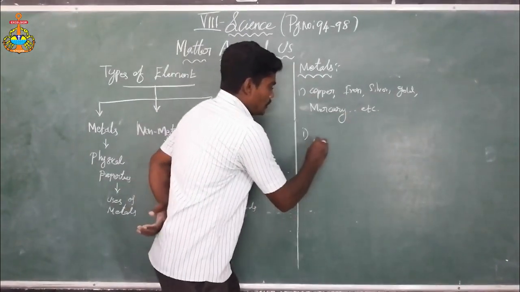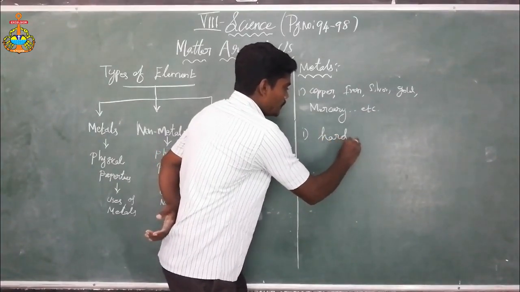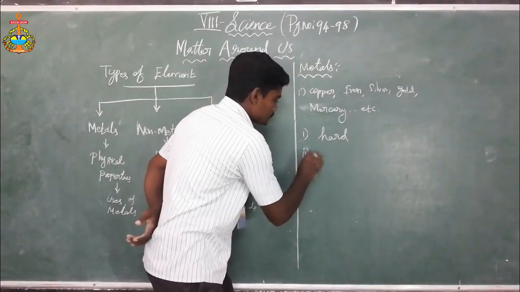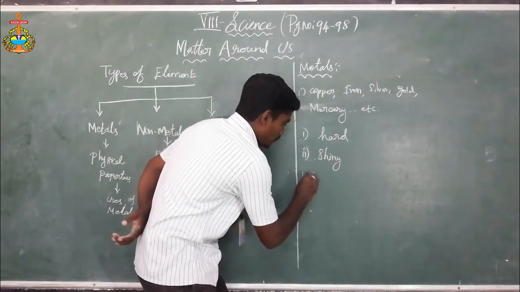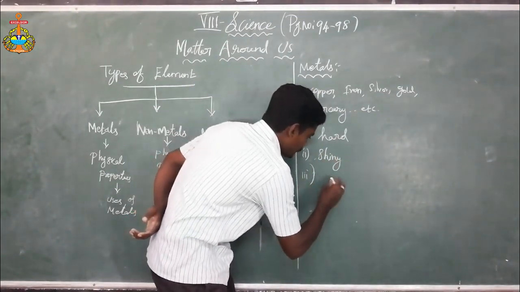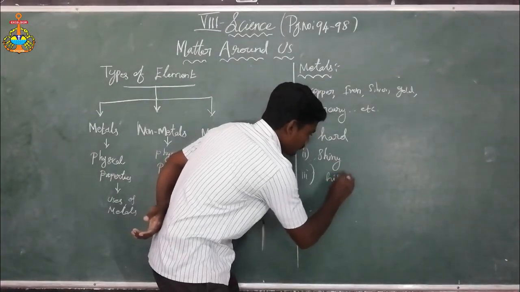So first, metals' physical properties: very hard. Second, metals look like shiny particles. Third, metals have a high density value.